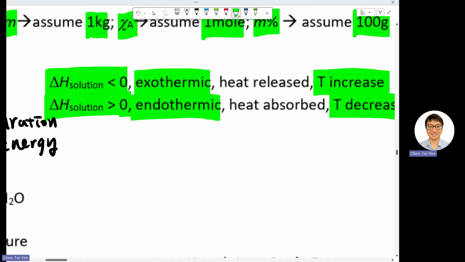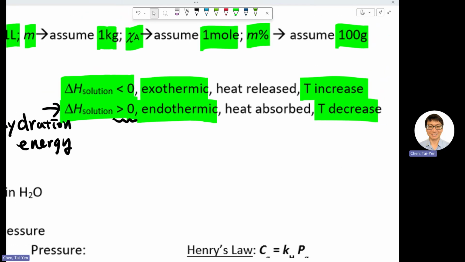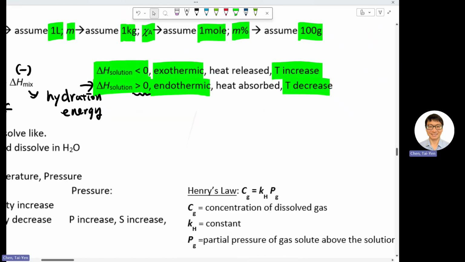The temperature will decrease. So in the question it says, after you mix them together, it becomes colder, which means the temperature decreased. Therefore, your delta H solution will be positive. Everybody follow this?